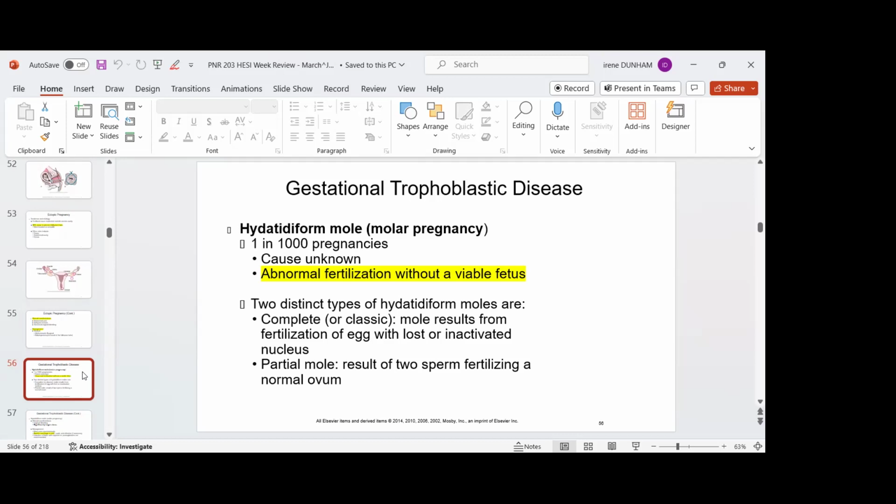Well, with the fetus, there is no heartbeat. It's not viable. There's just tissue. What it looks like is a cluster of grapes. And so it's not good.